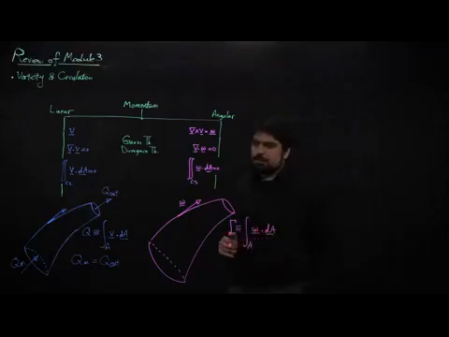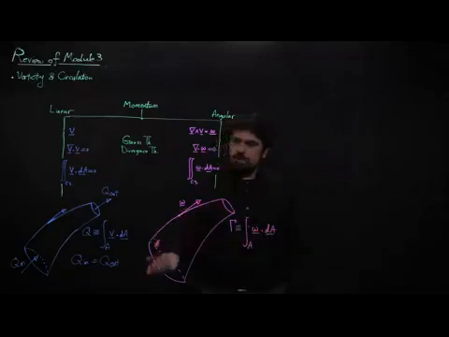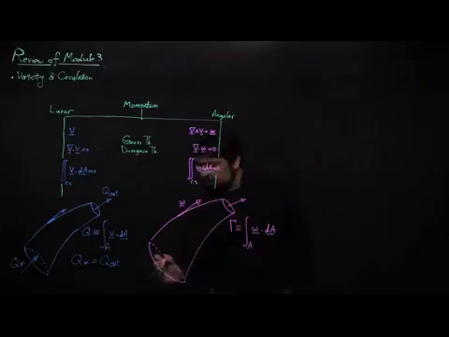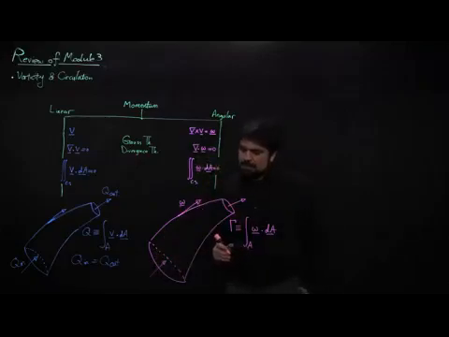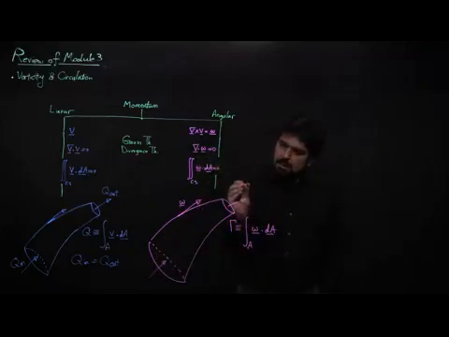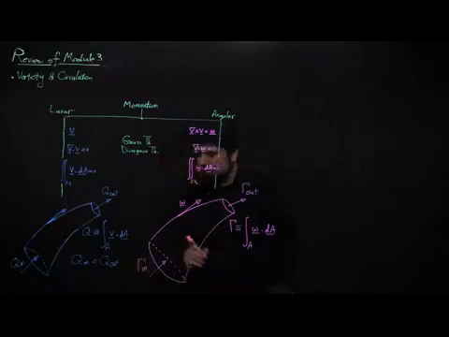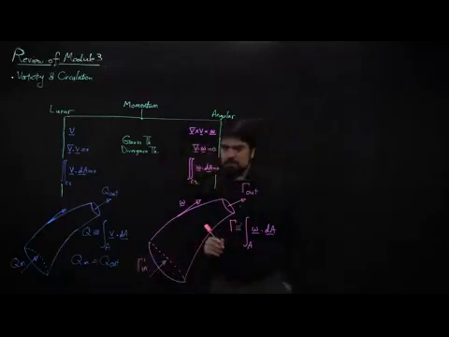For the side walls of this vortex tube, this integral would be 0. The only place that is non-zero is where the vortex lines are not parallel to the surface, so that would be my inlet and outlet. I would have a corresponding circulation coming out and a corresponding circulation coming in this vortex tube.